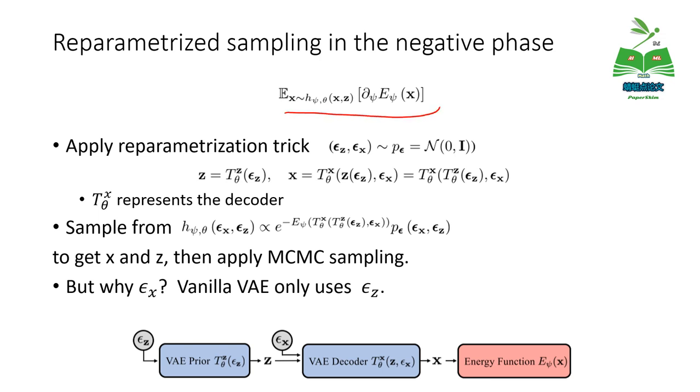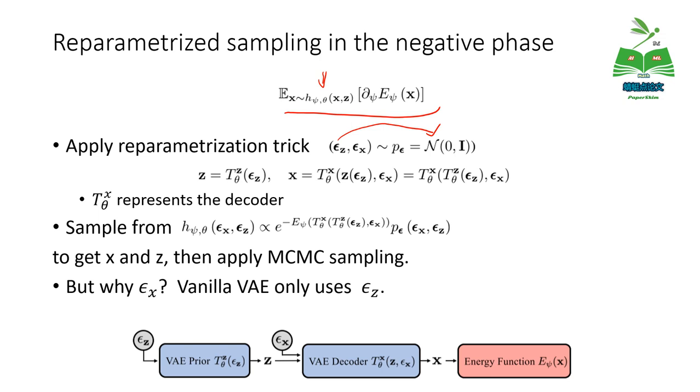Because we know in VAE we can use reparameterization to sample from epsilon. Then epsilon is the normal distribution, which is better than directly sampling from Z. So here they consider the same trick.